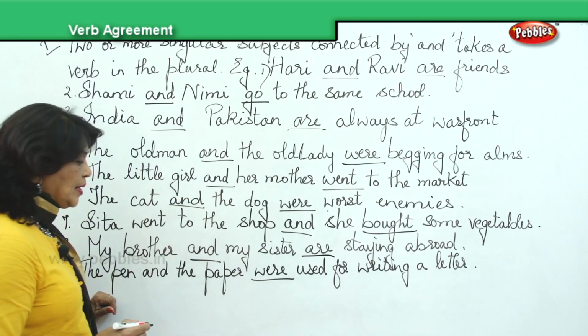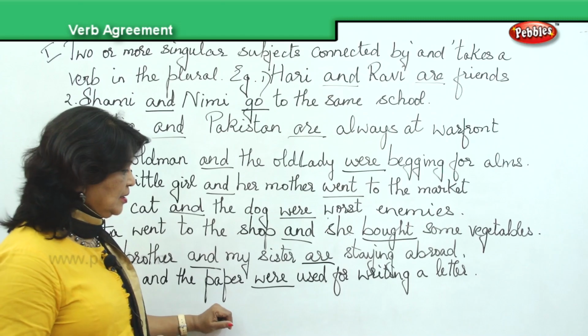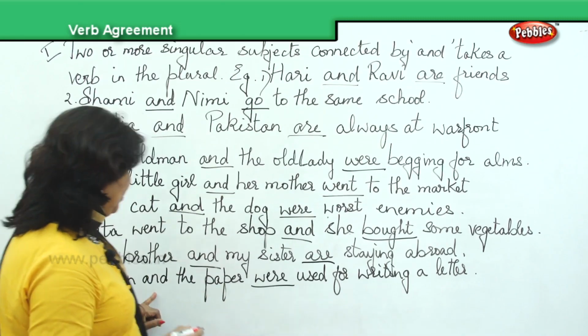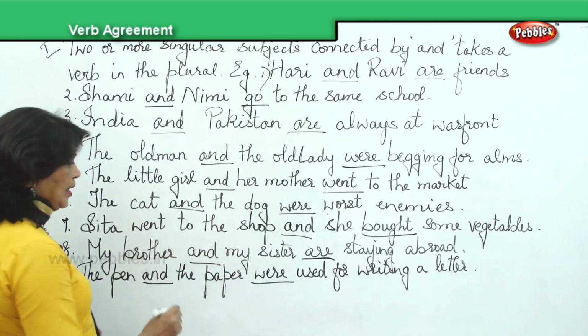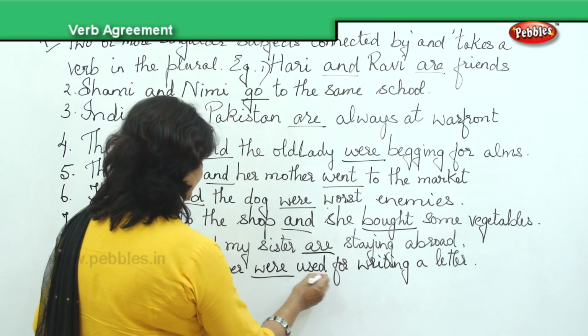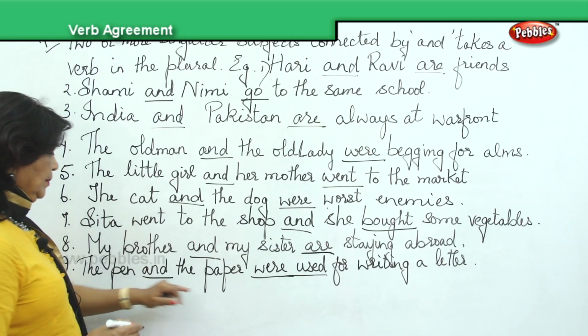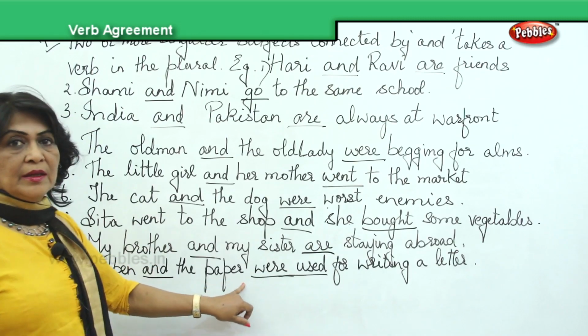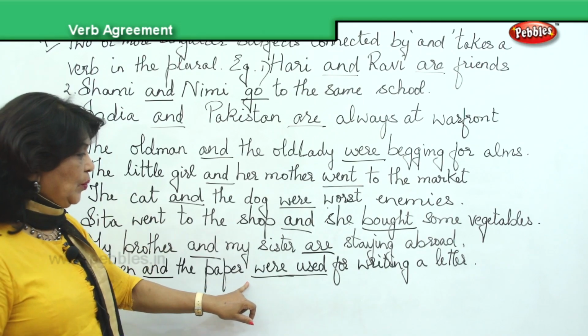Okay, pen is one subject, paper is another subject. So they are connected by and, and we have were used. We use the plural past tense were.